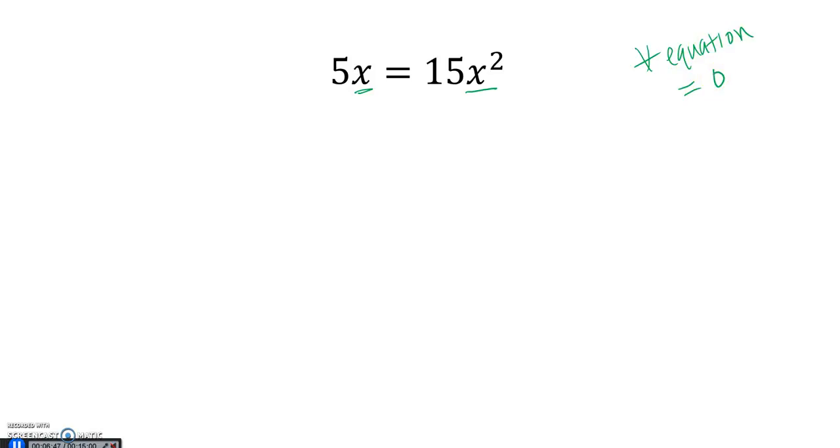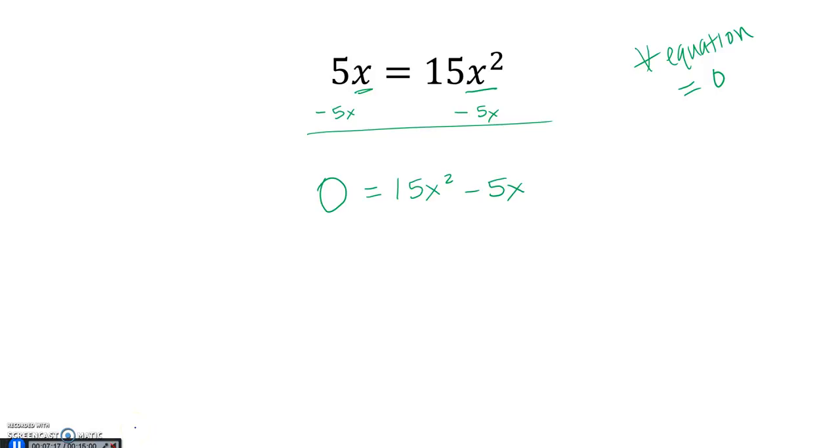Typically, whenever you're working on getting your equation equal to 0, you want to keep your leading term, or your term with the highest power, positive. So I am going to subtract the 5x to this side. In doing so, I have a 0 on the left, and then I have 5x squared minus 5x. Remember, and make a note, you cannot combine the x squared and the x together. They're not like terms.